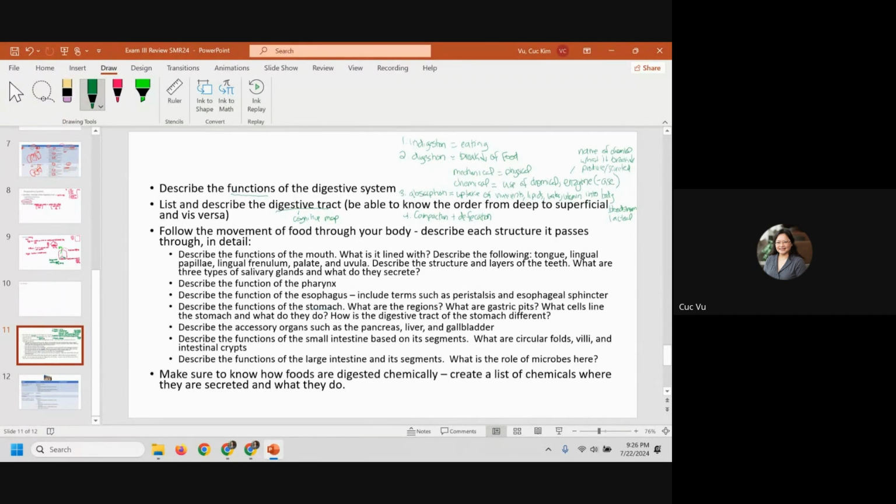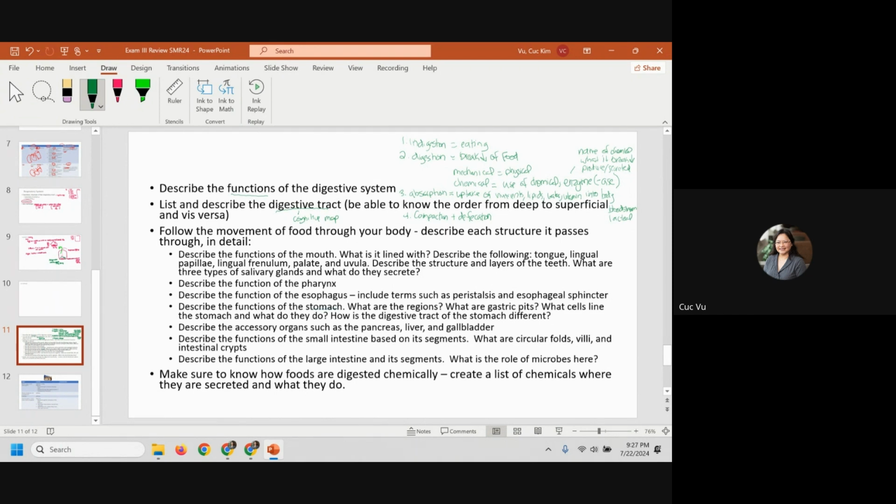Okay. And as you're using the cognitive map, make sure you also know the lining. Why am I making you know the lining? Because the lining correlates with the function. So you learned about the alimentary tract, about how it has the mucosa, the submucosa, the muscularis, and the serosa.